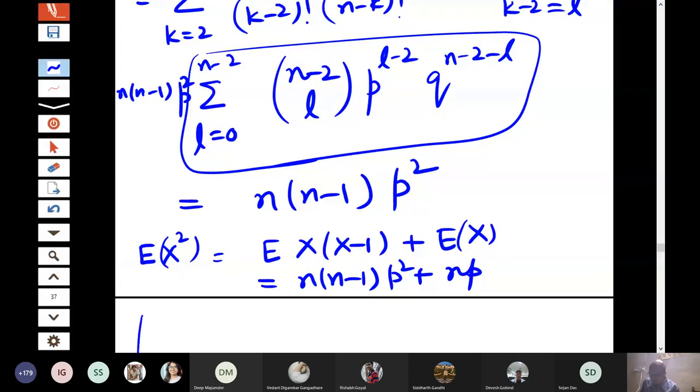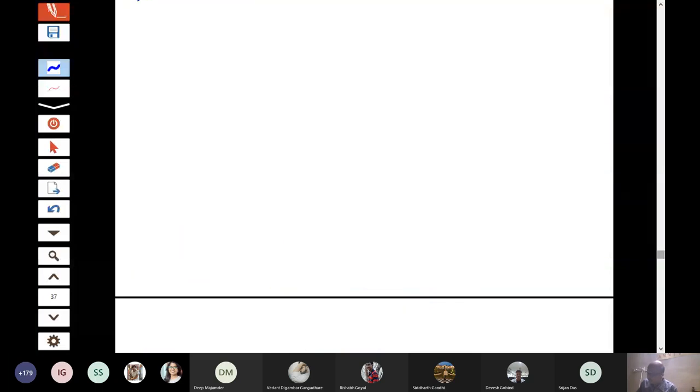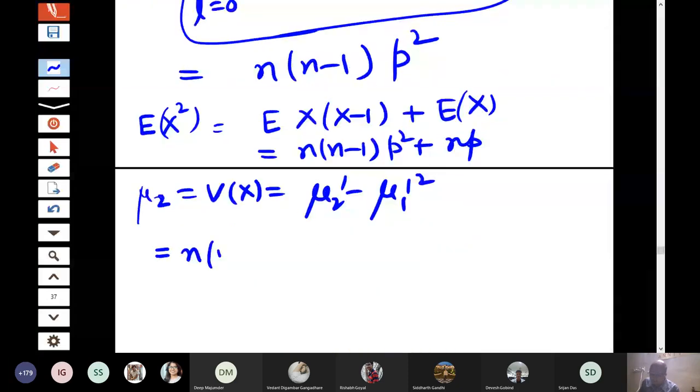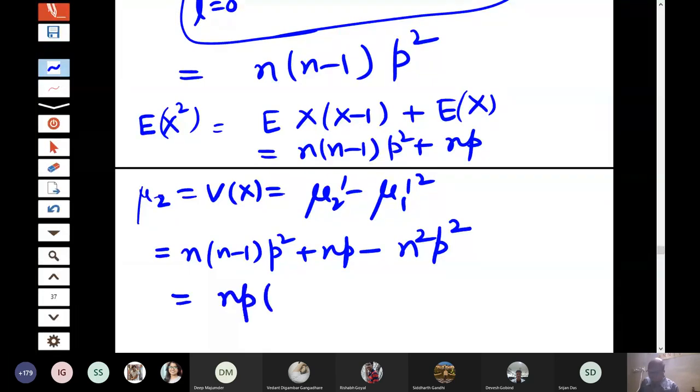If I want to calculate the variance of X, that is mu 2 prime minus mu 1 prime square, then it is equal to n into (n minus 1) p square plus np minus n square p square. That is nothing but np into (1 minus p), or you can say npq. That is the variance of a binomial distribution.